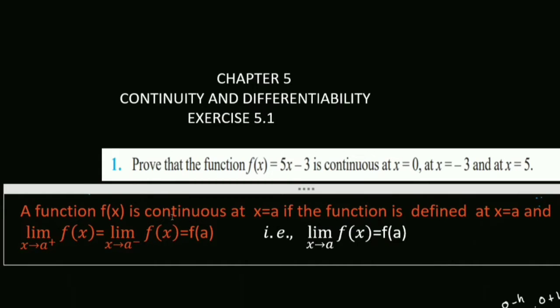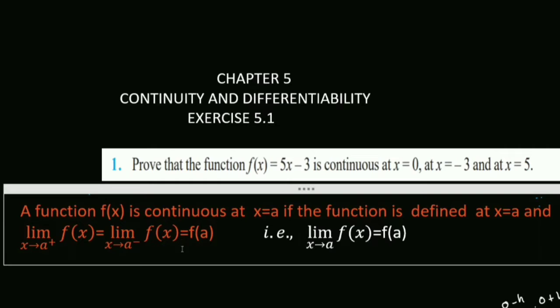Now, when will you say a function is continuous at a point? A function is continuous at a point if the function is defined at that point and also the limit, the left limit and the right limit, should be equal.